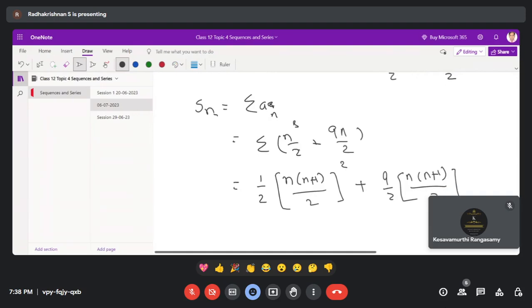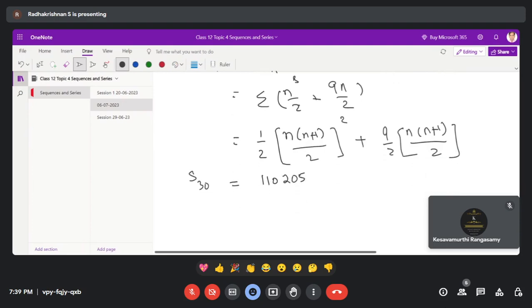So in this formula, now you apply n equal to 30, right? S30 you can calculate from this. Put n equal to 30 in this expression. So what you get is 110,205. Similarly, we already got the formula for An, so you put 40 in that. A40 you get 32,180.